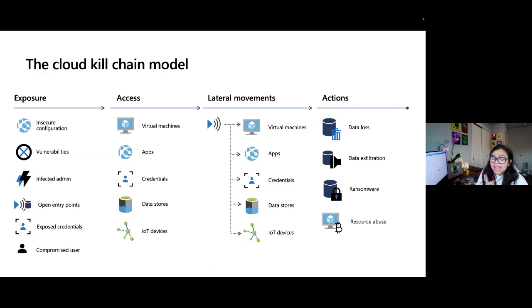The IBM report that I was mentioning earlier states that the average total cost of a security breach is $4.80 million. It's crazy enough to say that we need to take this as a security priority.